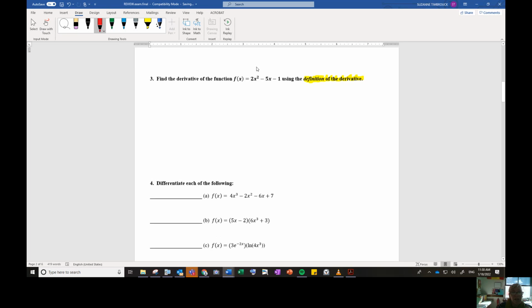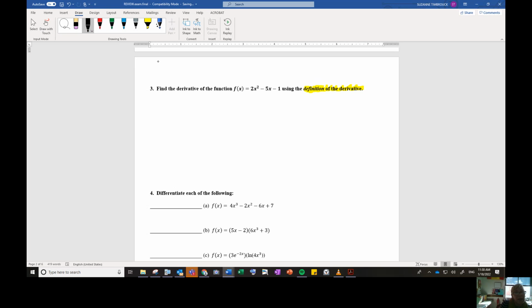So the definition of the derivative is that limit definition, the limit as h approaches 0 of f of x plus h minus the function itself all over h.